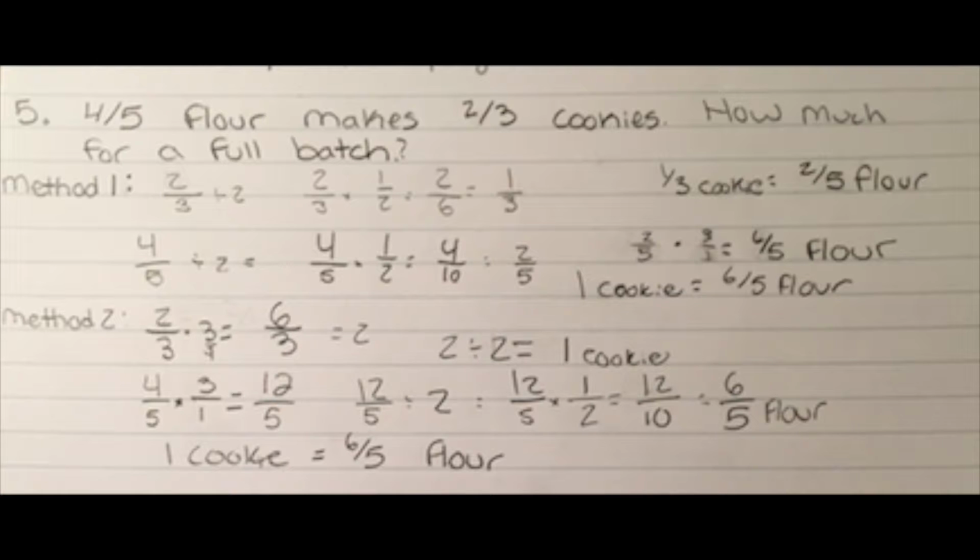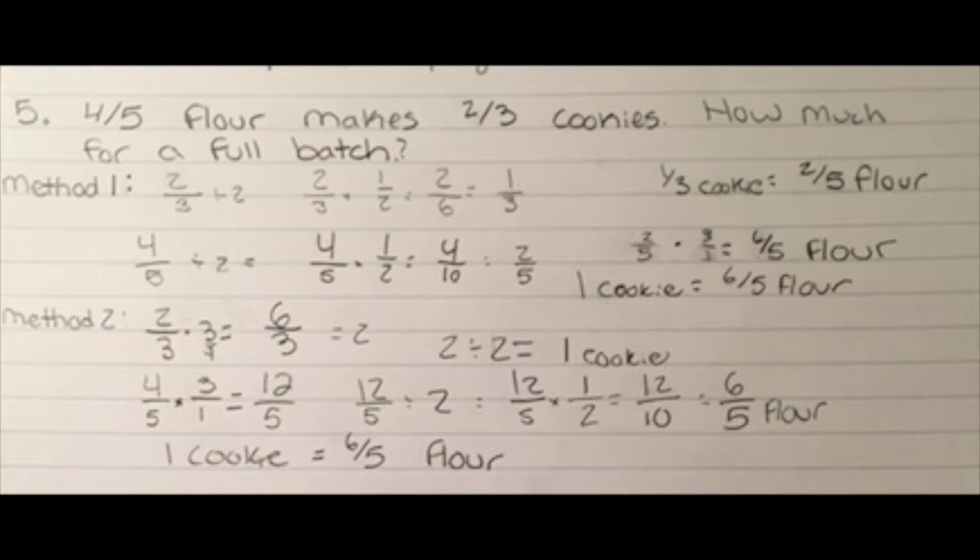I didn't really know how to start this one at first, so what I did was I wanted to make it so there was 1/3 cookies, so I could just multiply that by 3 to get the flour. So I divided 2/3 by 2, so I multiplied 2/3 by 1/2, and I got 2/6, which equals 1/3. I already knew that it would be 1/3, but I just wanted to show the process.